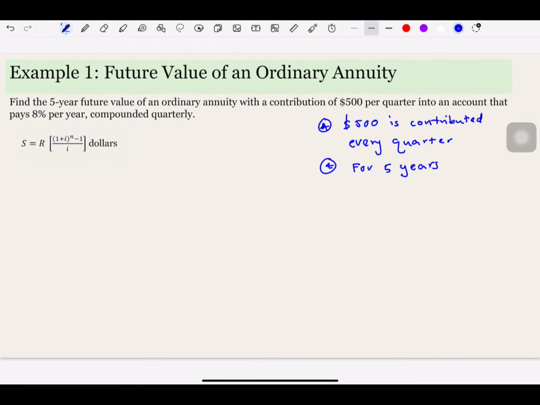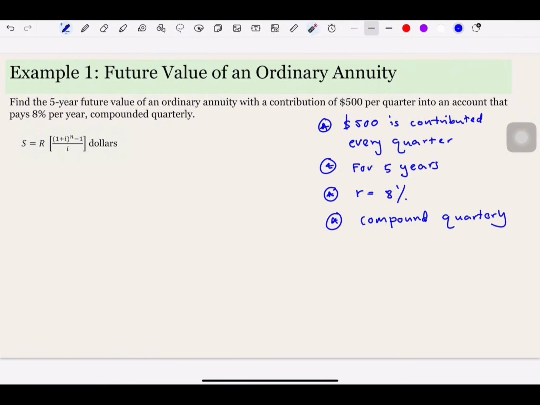And also the interest per year is 8%, so here r is 8%, and this is compounded quarterly. Let me write that as well. So this is going to compound quarterly.